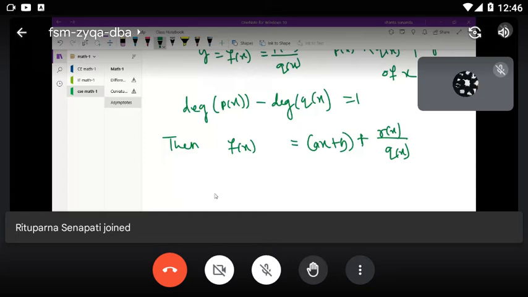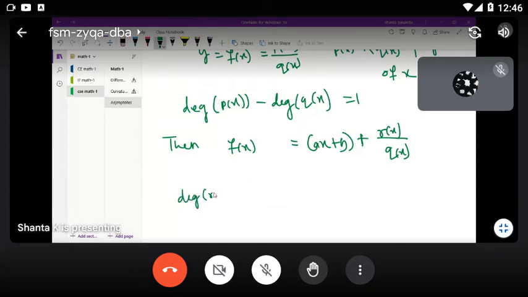So what happens here? The degree of R(x) is less than degree of Q(x). Okay, so whenever x approaches to infinity, R(x) by Q(x) will approach to 0, right? Degree of R(x) is less than degree of Q(x).